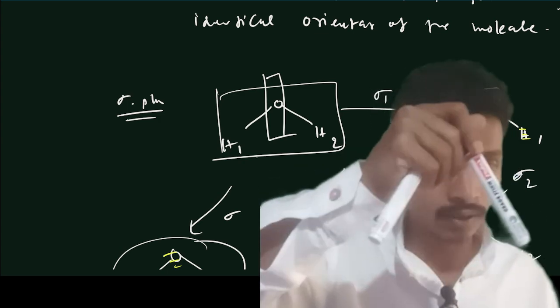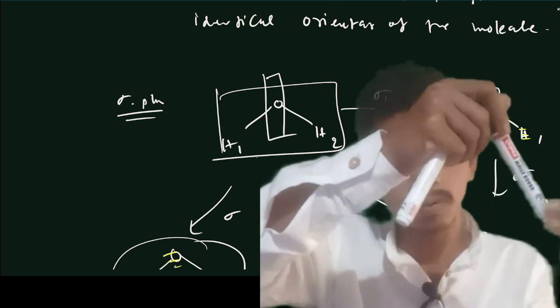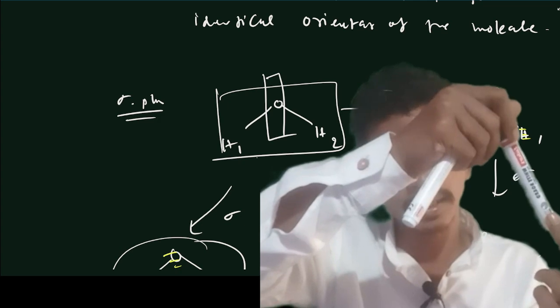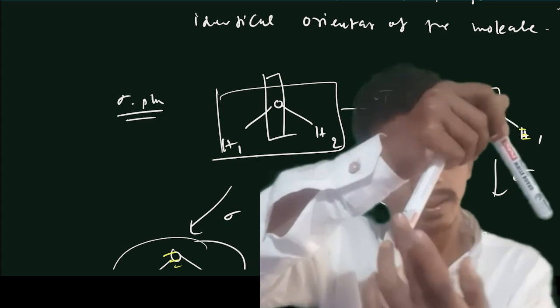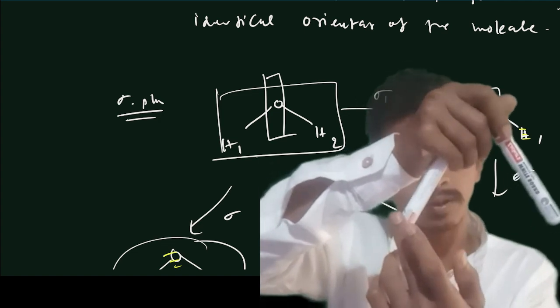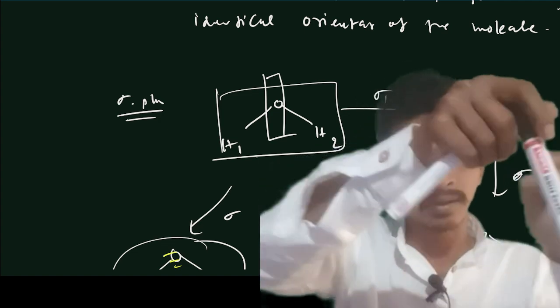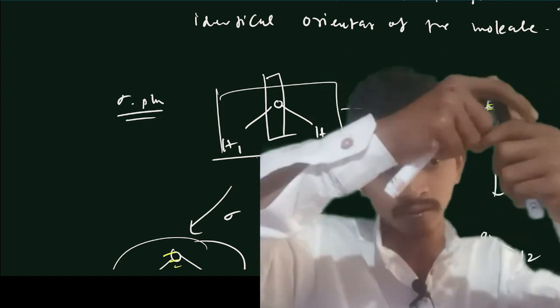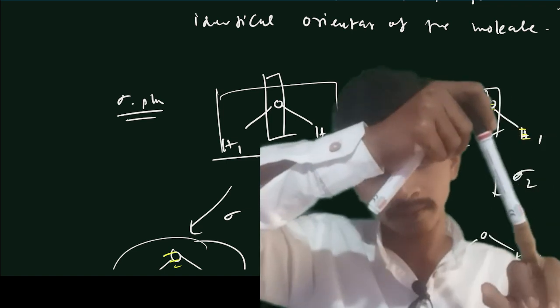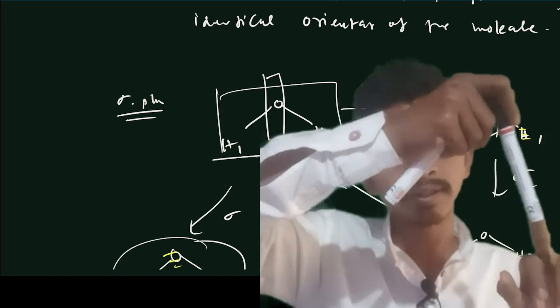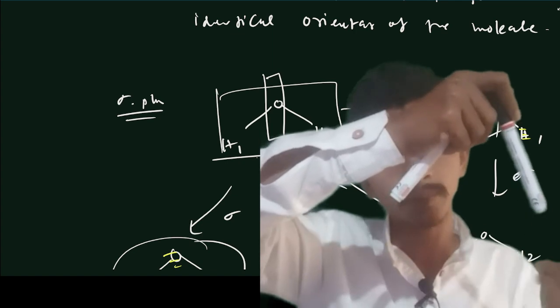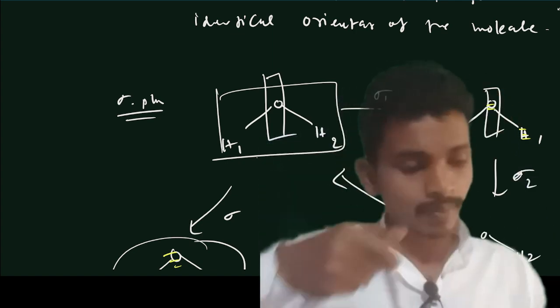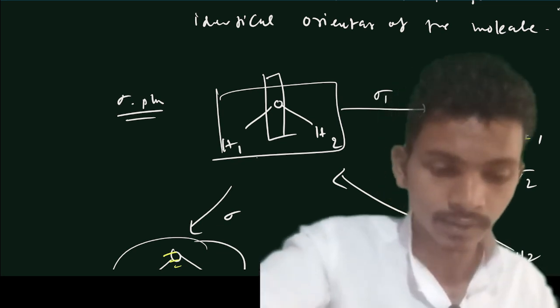If I pass the molecular plane, then my finger will go to the back side, like this. Now my fingers will go to the back side. So this is not identical, this is equivalent, because previously my finger was in the front side. We can understand it like this.